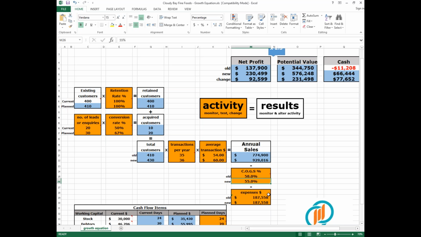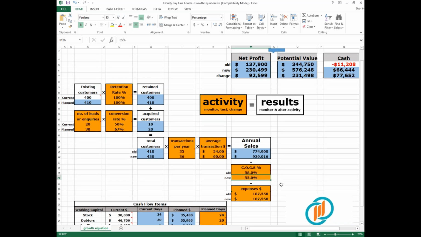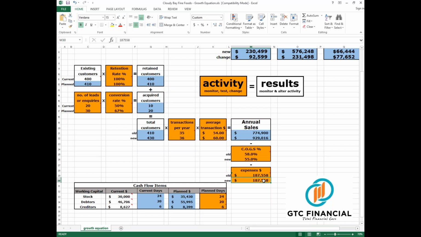But I've probably got a little bit of bad news for Nigella. I've been asking her, well, Nigella, if your business is now turning over $929,000, and some of that's because you've increased the prices, but your volume of transactions is higher, do you think that your current staff levels can actually cope with that work? Or will you need to put on more people?